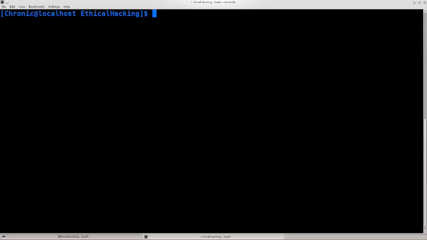Anyway, as I was saying, what I mean by a functional wireless network card is that it is recognized by your operating system. So if you are using a Linux distro like I am, you need to make sure that the kernel of this Linux distro actually has the necessary drivers for the wireless card that you are using at the moment.